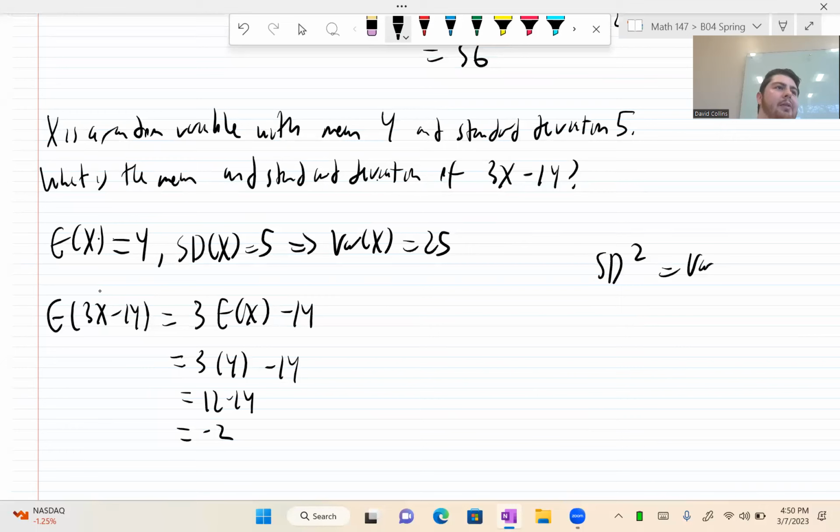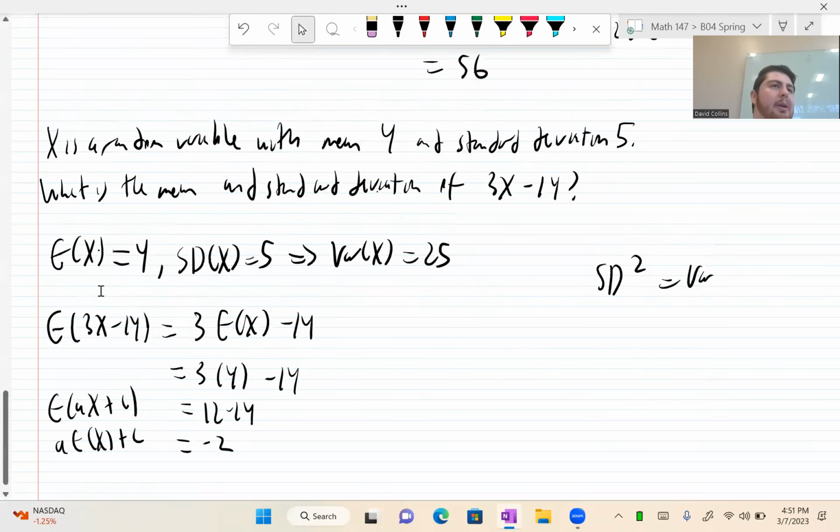Expected values can be negative. That is completely fine. Standard deviation and variance have to be positive, though. Everyone see how I got that? I just applied the rule that expected value of ax plus c is a times E of x plus c.